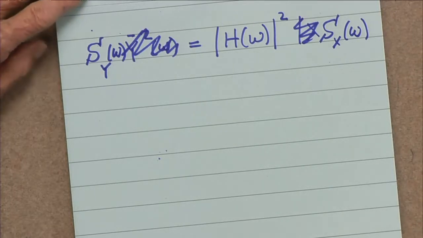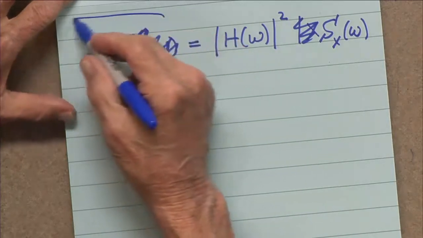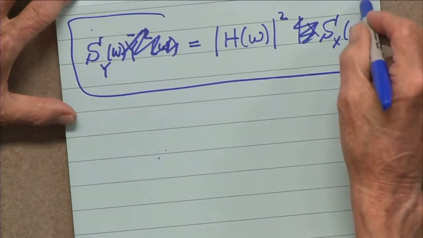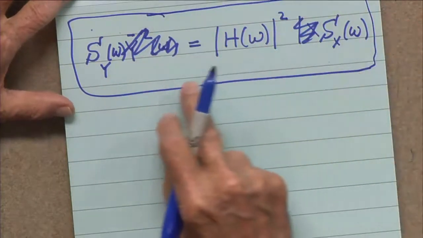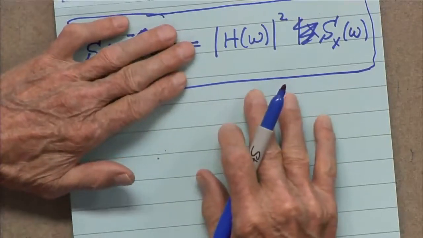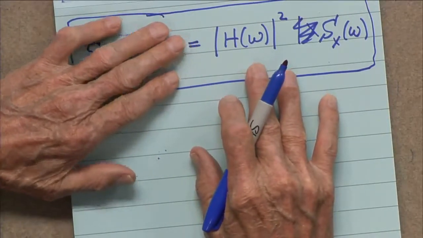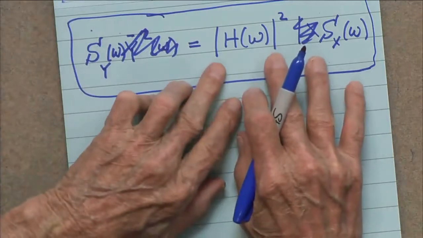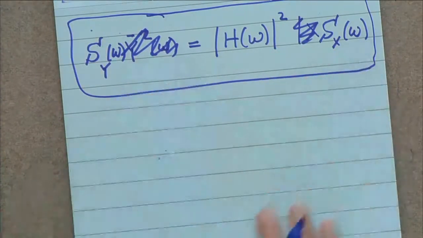By the way, how do you get the power spectral density of a time signal? Well, this is a linear system result, because the power spectral density of the output is the transfer function squared times the input.